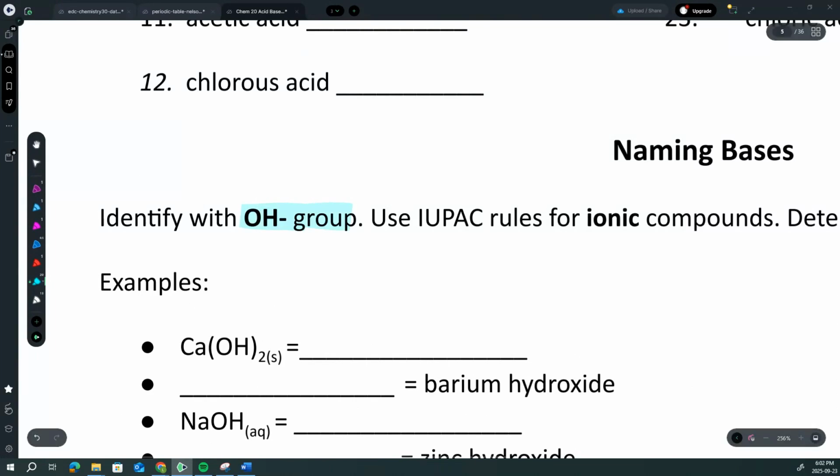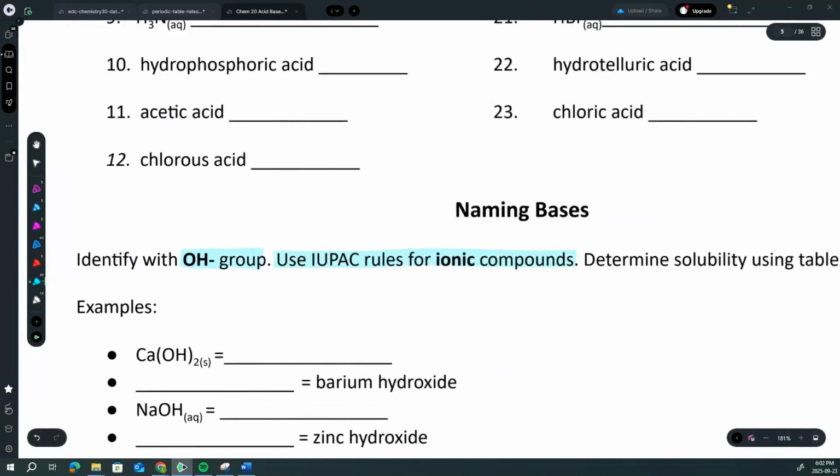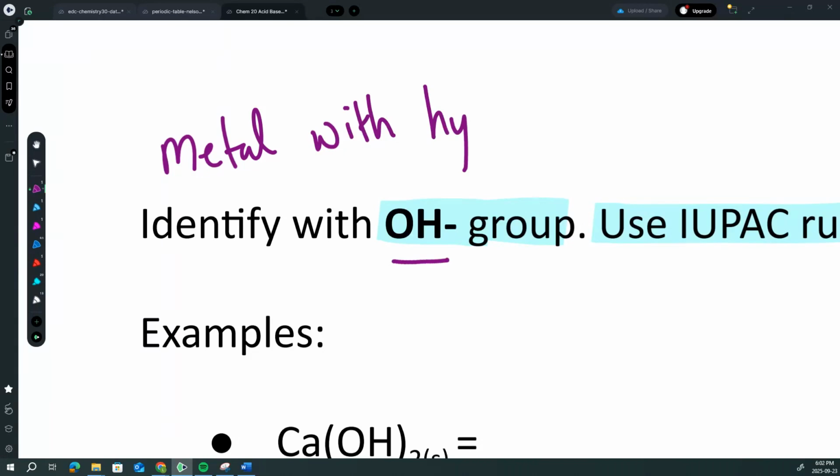So if you see a metal with hydroxide, that's going to tell you that you have a very strong base. So we use IUPAC rules for naming ionic compounds. These are typically identified with a metal with hydroxide, which is just OH 1 minus.